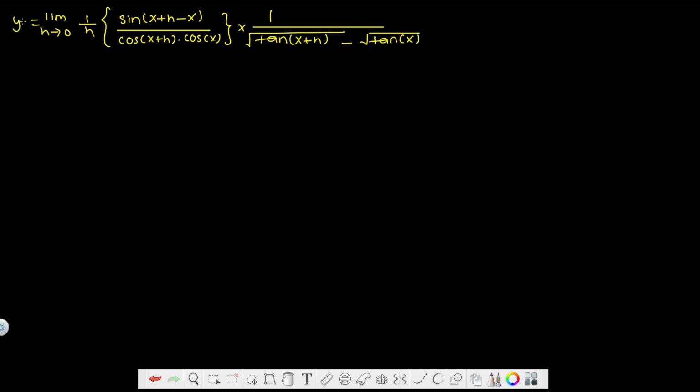So this is our y prime equals limit h tends to 0. This x and this x will cancel, and we are left with sin h over h, multiplied by limit h tends to 0.